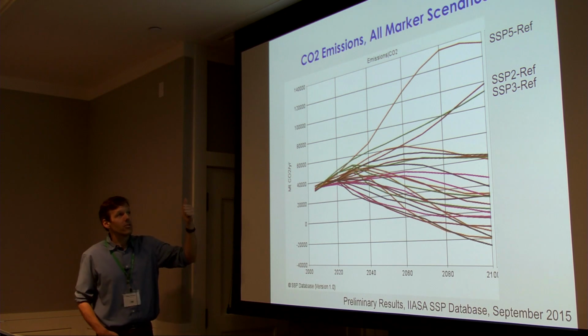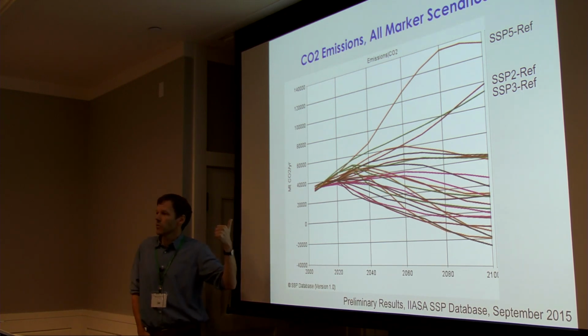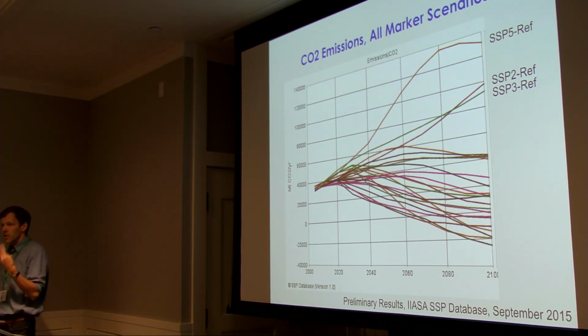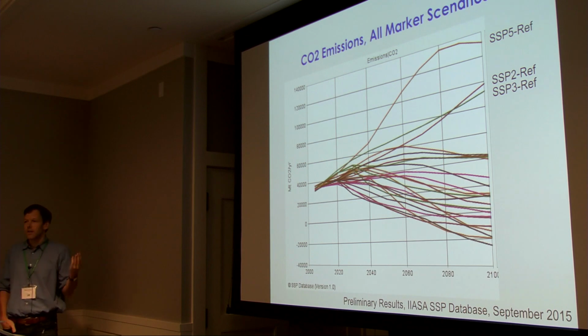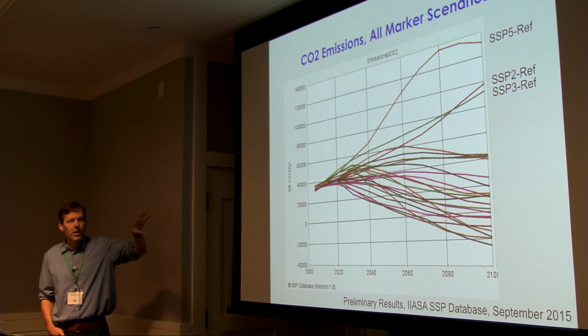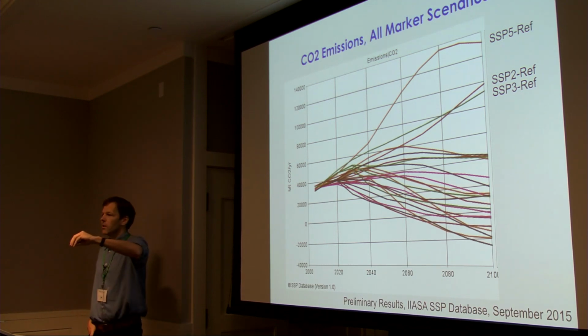What I didn't label on here, there's 5 models doing all of this. The ASA model, PIC, IMAGE, the GCAM group here in the US, and the AIM model from Japan. So they're all in there somewhere. Each SSP, one model has been identified to just serve as the marker or kind of the illustrative outcome.